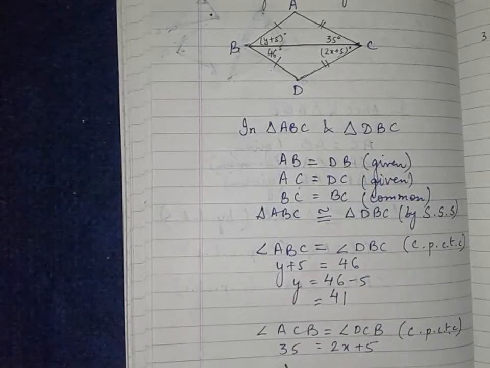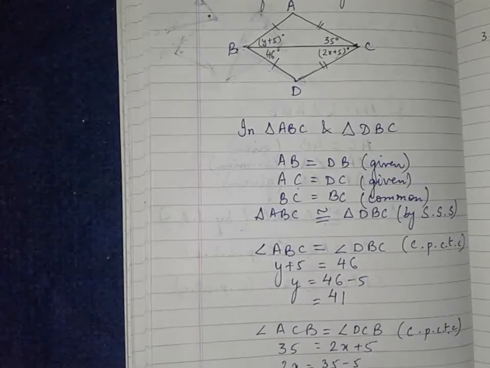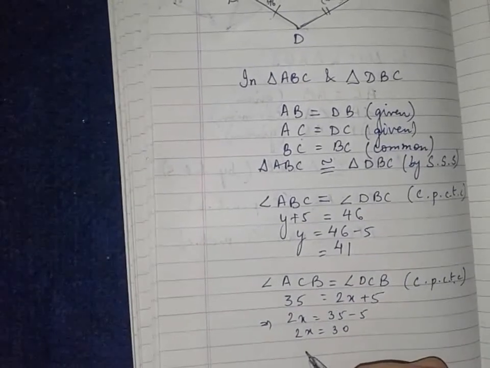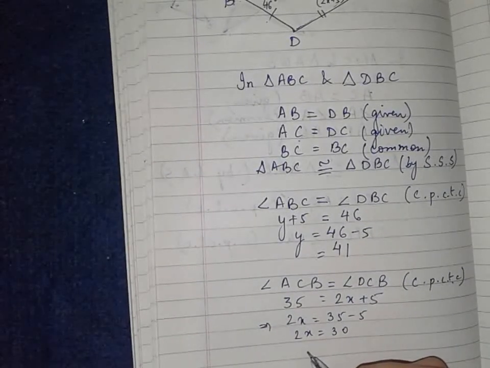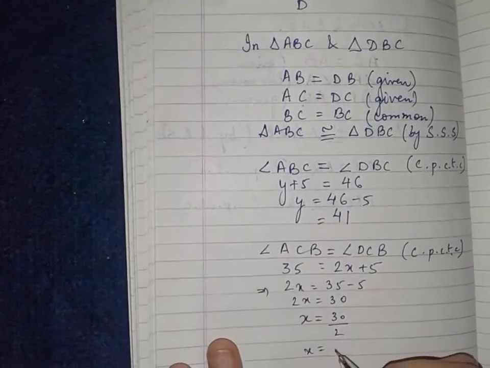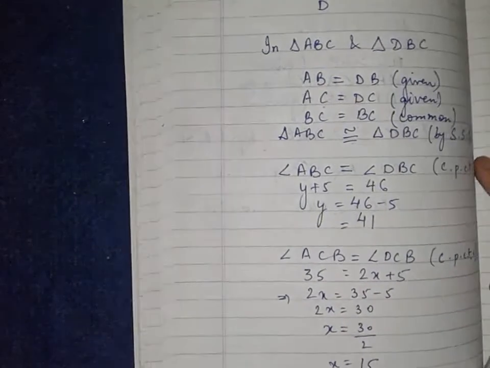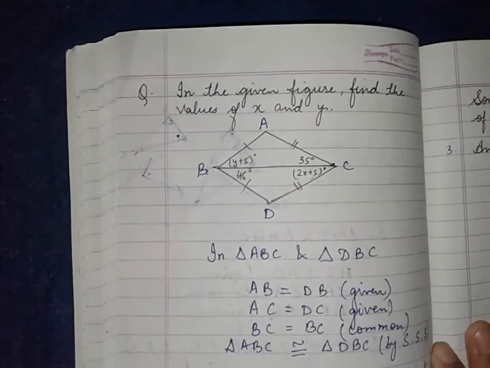From here 2x is equal to 35 minus 5. 2x is equal to 30 and x is equal to 30 upon 2. x is equal to 15. So we have found the values of x and y using congruency.